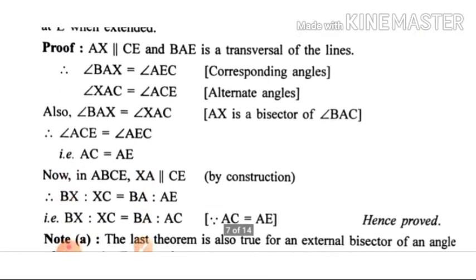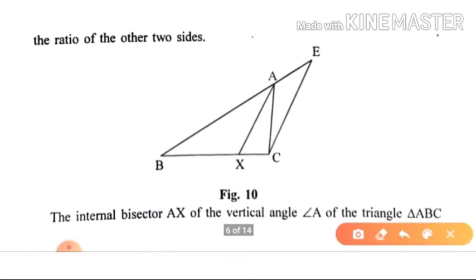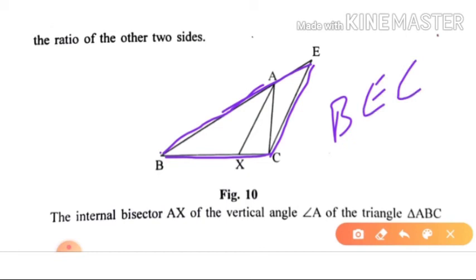Now what does it mean? Now if you see this triangle BEC, this side and this side, these two are parallel.